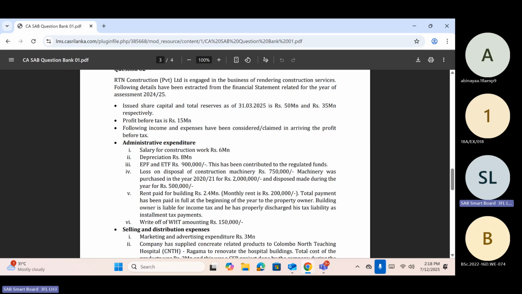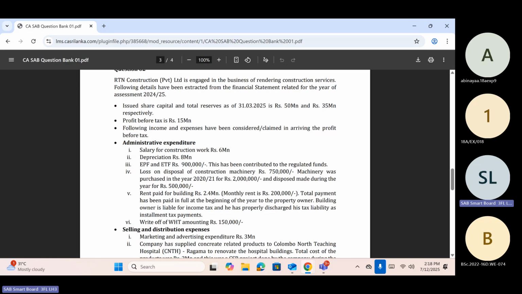Note number 1 we'll do disposal of machinery. So what is that? How much?